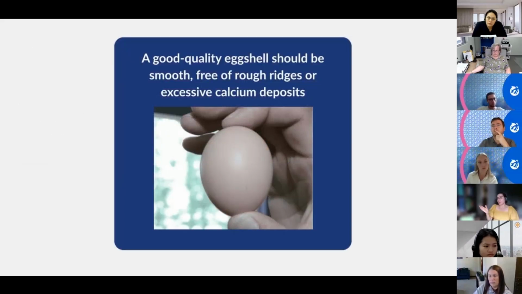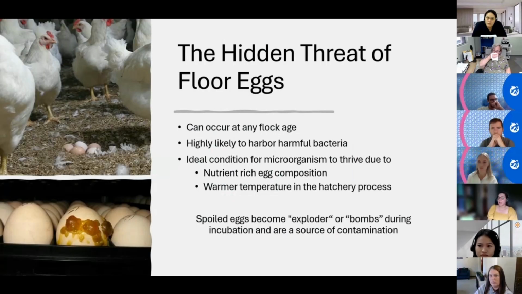So a good quality eggshell should be smooth, free of rough ridges or excessive calcium deposition. So what about the internal quality of the egg? As I mentioned, that is another aspect we need to consider for determining what is a good quality egg. So let's see, as I already mentioned, floor eggs, those are eggs that are laid on the floor, should not be considered as a hatching egg for our incubator.